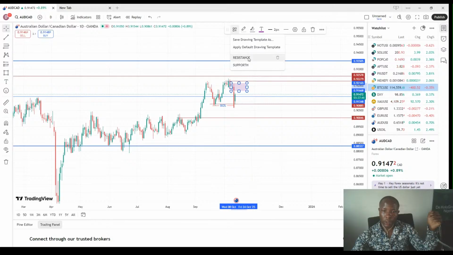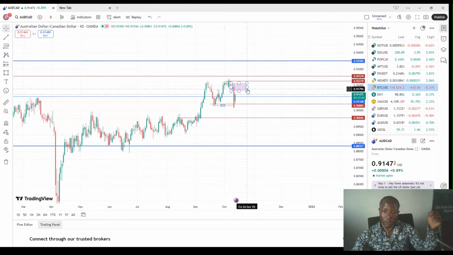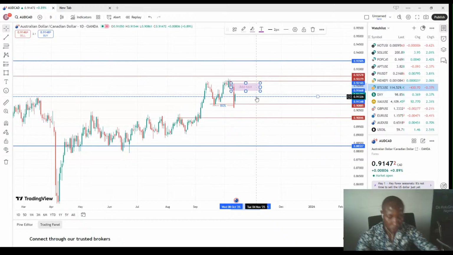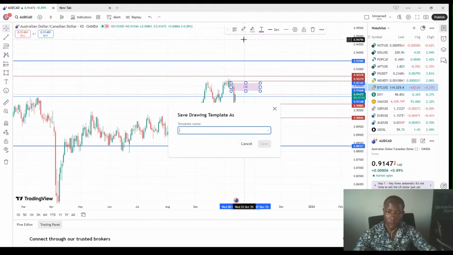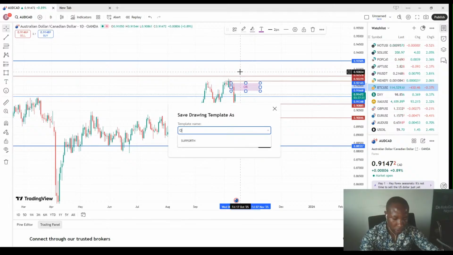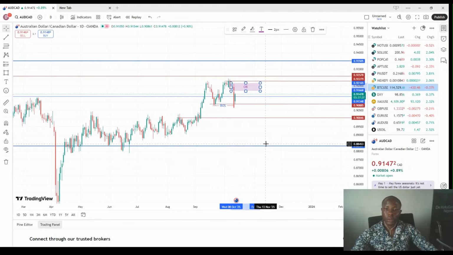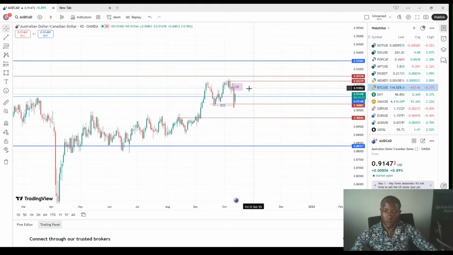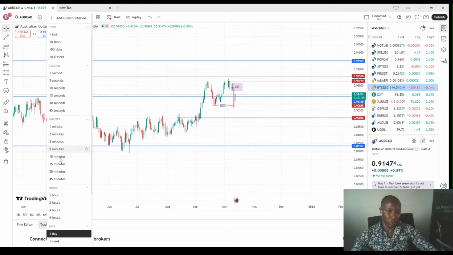I'll mark out this guy as our order block. Let me save this. That's the last break of structure on the daily.